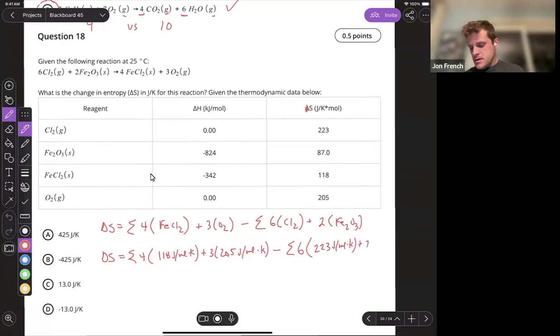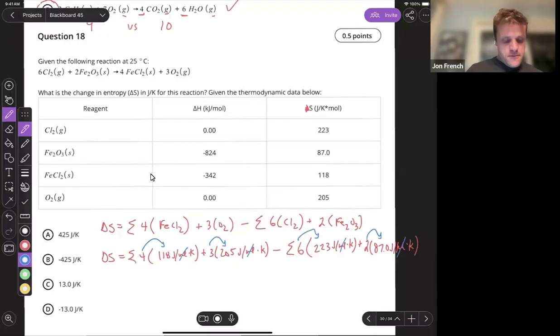And 2 times 87 joules per mole Kelvin. Right, we multiply by the molar coefficients and moles cancel out of all of these. And they just become joules per Kelvin. All right, so 4 times 118 plus 3 times 205.